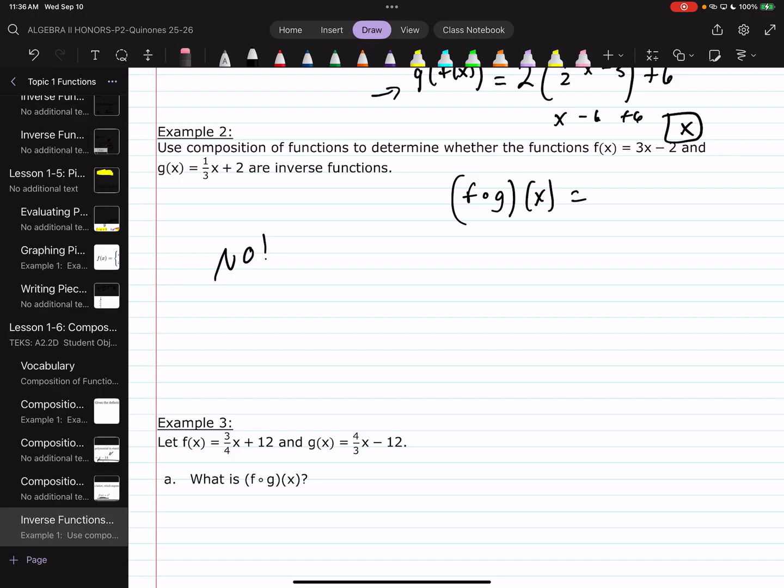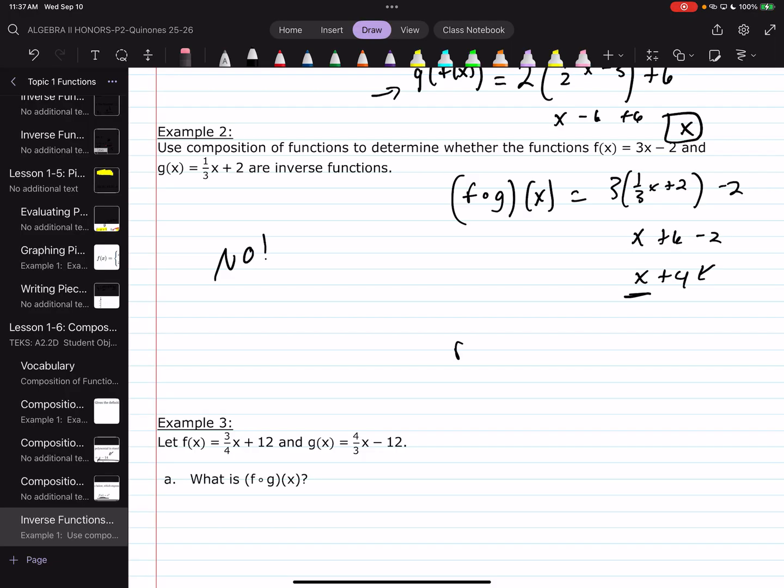This is going to be 3 times 1/3 x plus 2 minus 2. So it turns into x plus 6 minus 2. This is x plus 4. Everybody at this point, I personally would just stop. Because what's the goal here? We just need x. But we got x plus 4. We can't do that. They both have to equal x at the end of the composition. Right? So I would just stop.